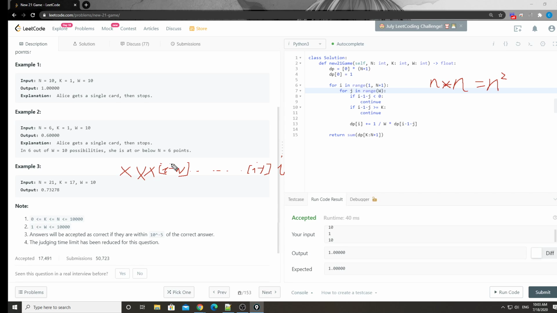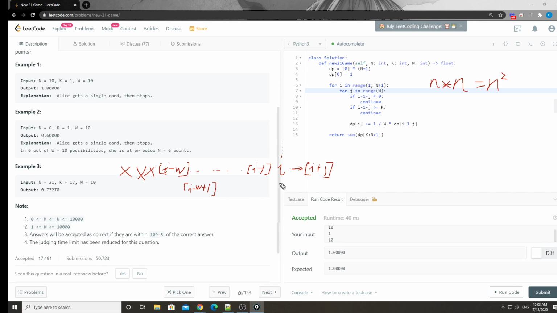So that's how we calculate I. Then once we have I, we move to I plus 1. To calculate I plus 1, same thing, we need the probabilities from DP I to DP I minus W plus 1, right?